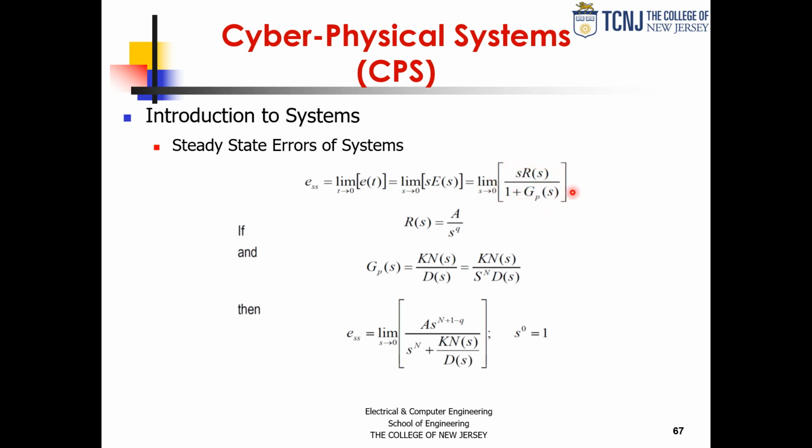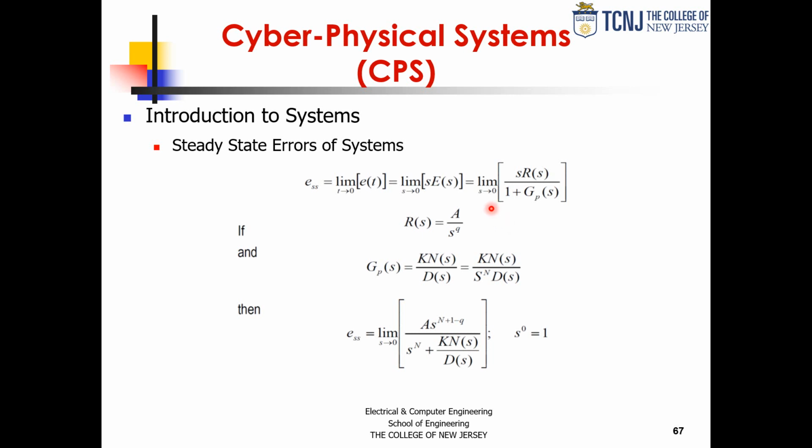So if we assume that the input is a power type expression, we have the unit step, which is sort of a constant. Then we have the ramp, and we have the parabola, those three. So we can see that the Laplace transform for a scaled unit step is just a constant.